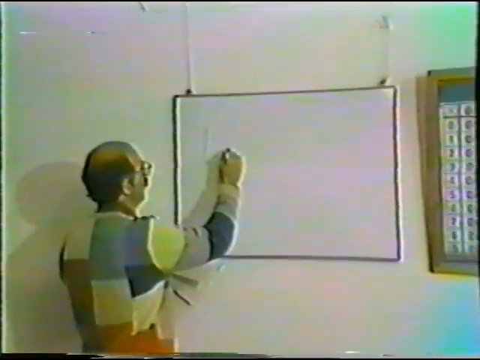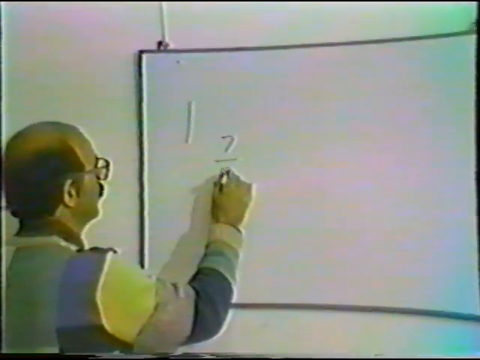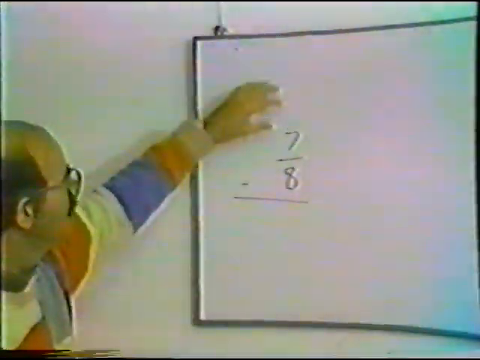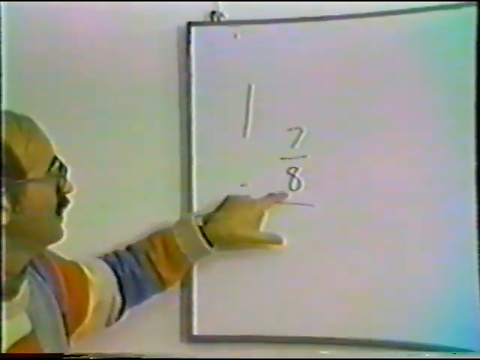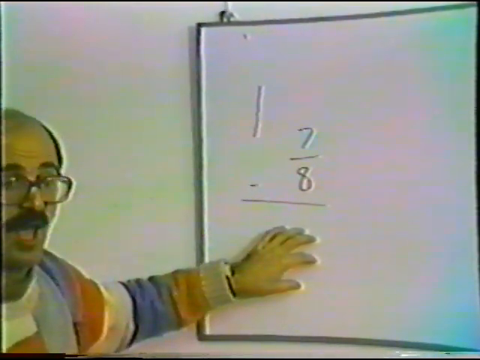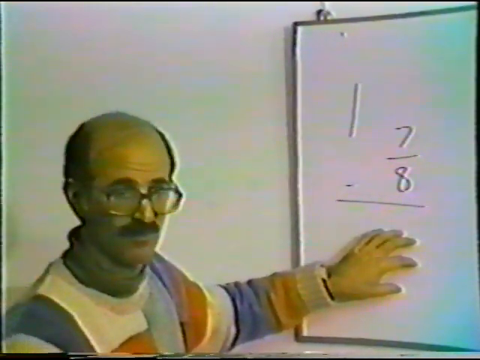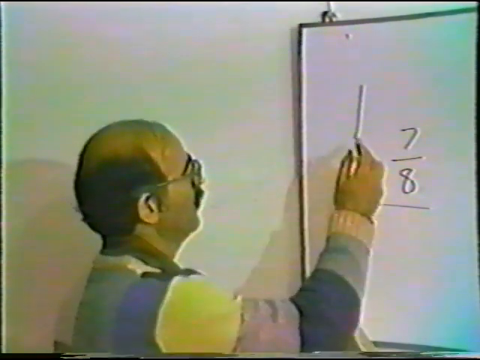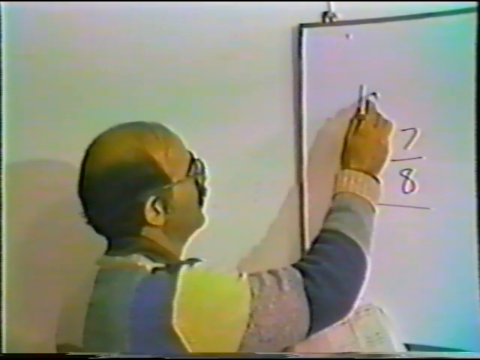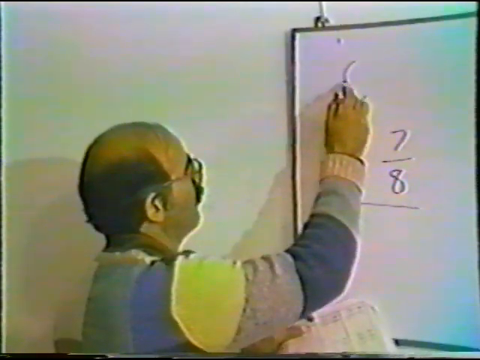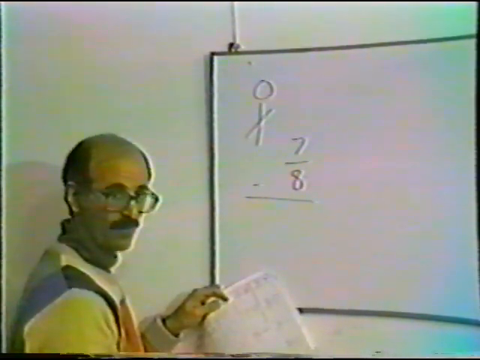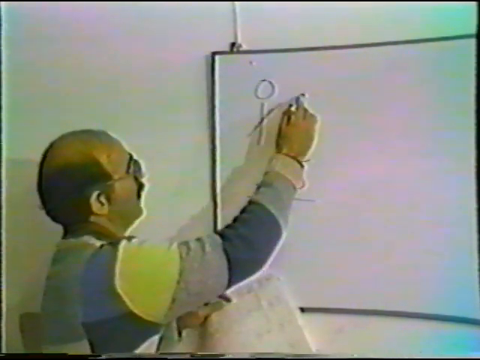One take away 7/8. 0 take away 7/8 is? Can't do. We have to borrow from the 1. The 1 becomes a 0. And for that pie that we cut up, we get what? 8 eighths.